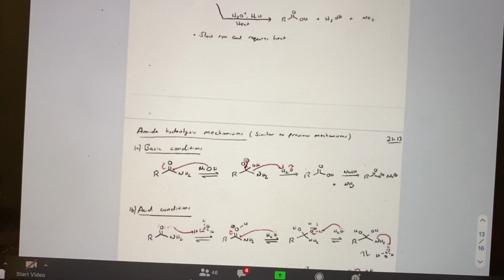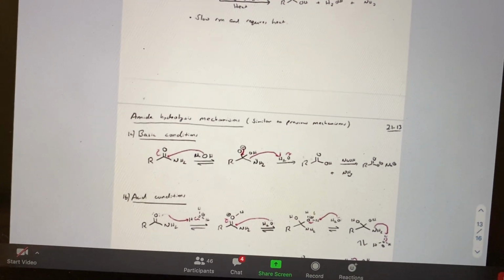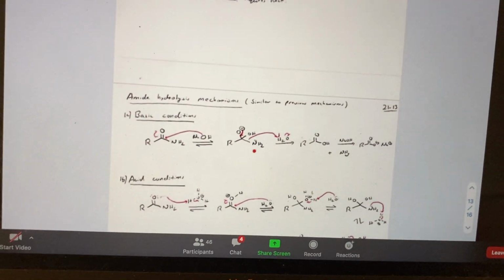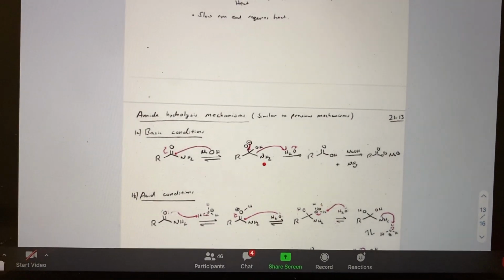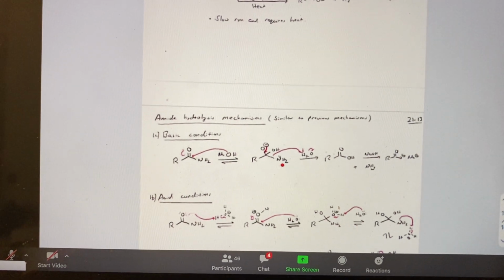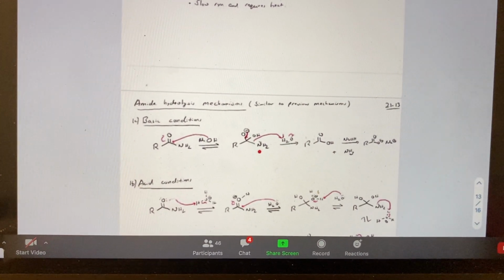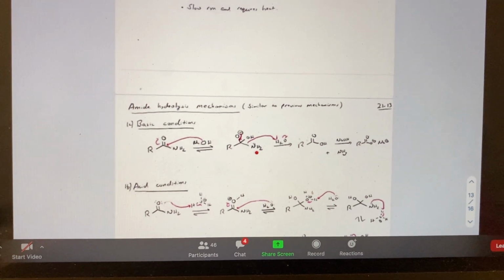Now, one thing that I've shown here that is a bit of a detail, but again, an important thing, is that this is overall a bad leaving group. It's worse than the methoxide. Ammonia has a much higher pKa. So this would end up leaving as NH2 minus, which is going to be quite energetically unfavorable.